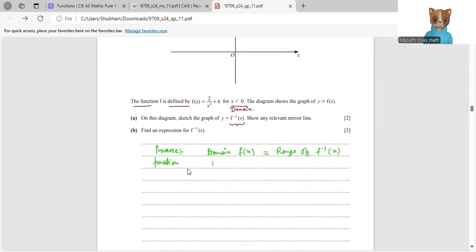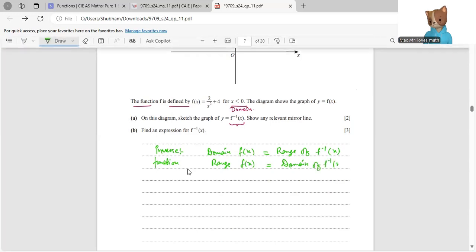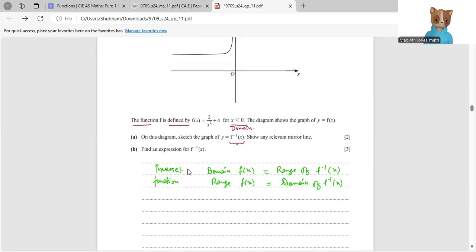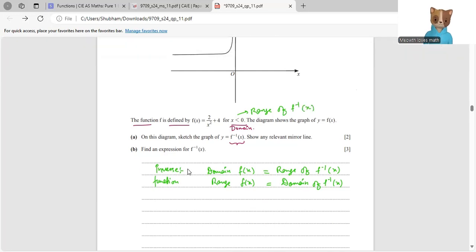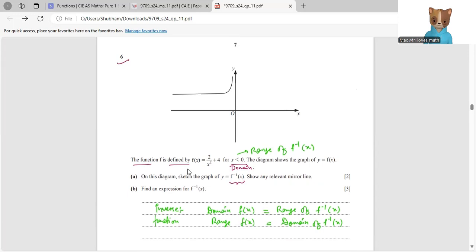And the range of f of x will become the domain of f inverse of x. Are you getting this? So that means domain is x less than 0. That means this will be the range for f inverse of x, isn't it? So just by knowing this piece of information, I can guess where the graph will lie.